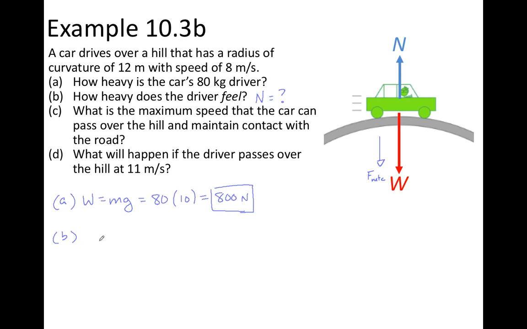And so the net centripetal force has to be m times the centripetal acceleration. And we can add up the forces to get the net centripetal force. In this case, it'll be the weight minus the normal force. And if I solve this equation for the normal force, you end up getting weight minus m a_c.